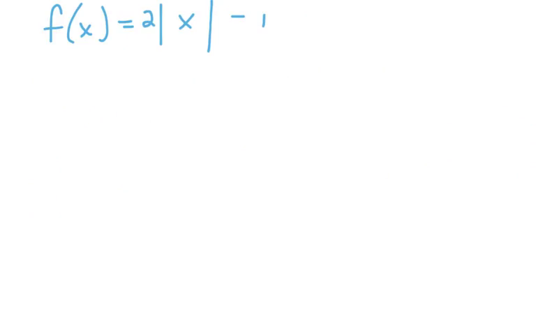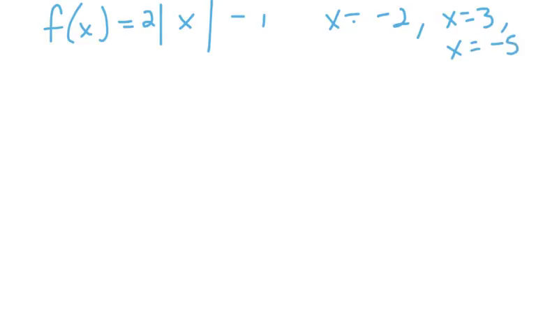Okay, thinking back to absolute value, let's try f of x equals 2 times the absolute value of x minus 1. This is a function. So the function for any value of x is 2 times the absolute value of x minus 1. So let's evaluate it for x equals negative 2, x equals 3, and x equals negative 5.